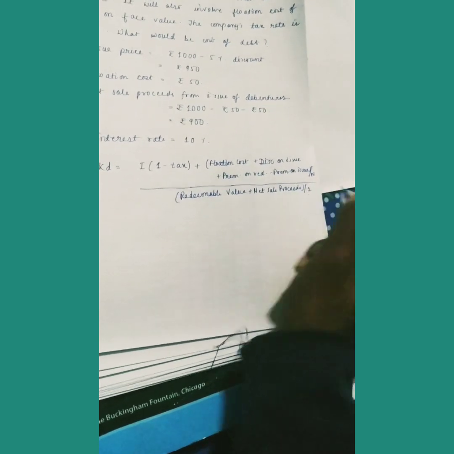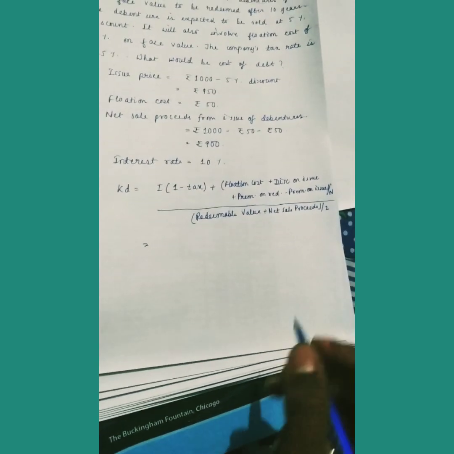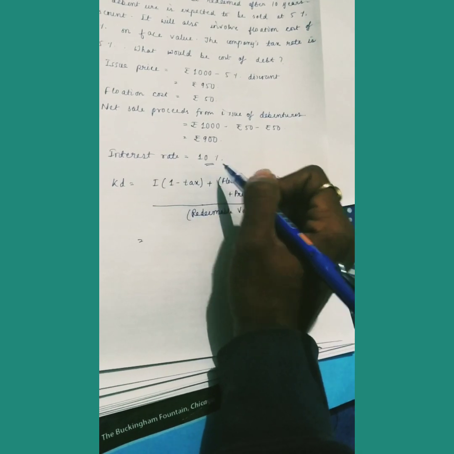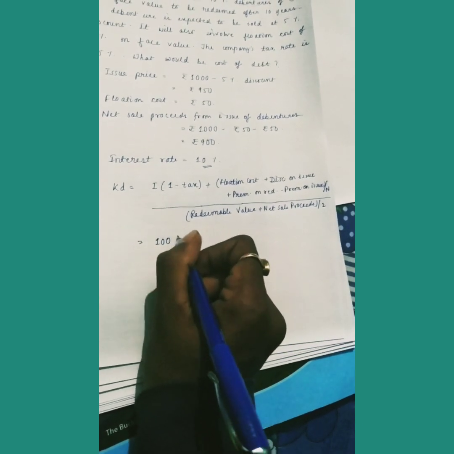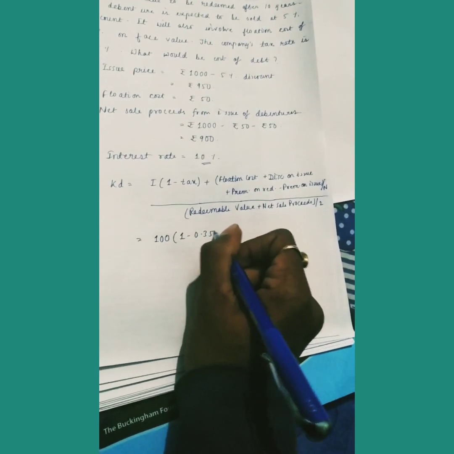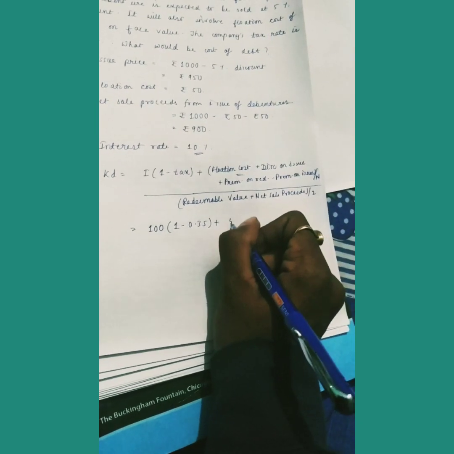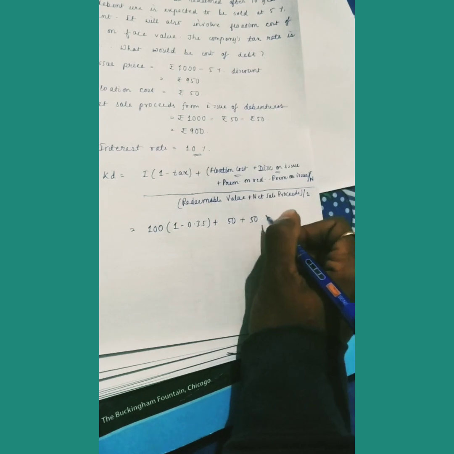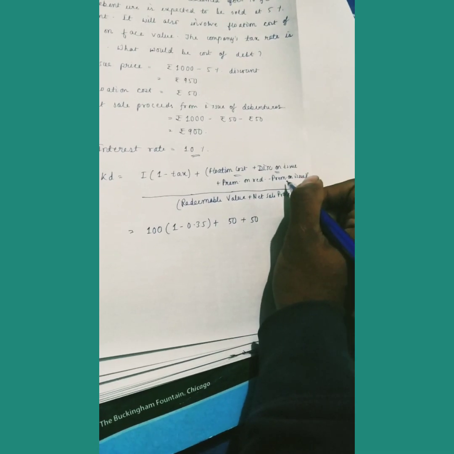So in this case interest is 10%, right? And interest is always paid on the face value. So interest will be 10% of rupees 1000, that is 100, multiplied by 1 minus tax rate 0.35, plus, is there any flotation cost? Yes, 50 rupees. Is there any discount on issue? Yes, 50 rupees. Is there any premium on redemption? No. And is there any premium on issue?